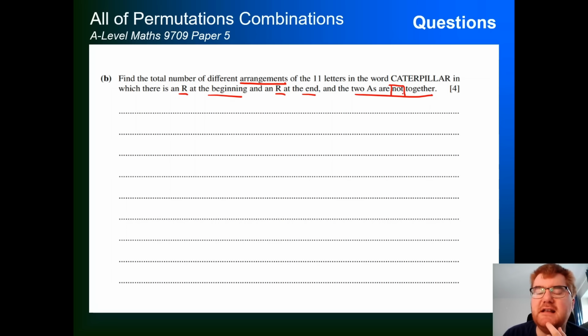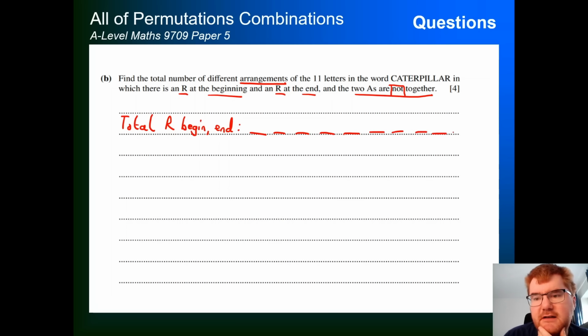So we're going to use a similar technique as before. So let's just do the total where the R is at beginning and end. Okay, so we have 11 slots. So 1, 2, 3, 4, 5, 6, 7, 8, 9, 10, 11. We have an R at the beginning and an R at the end.